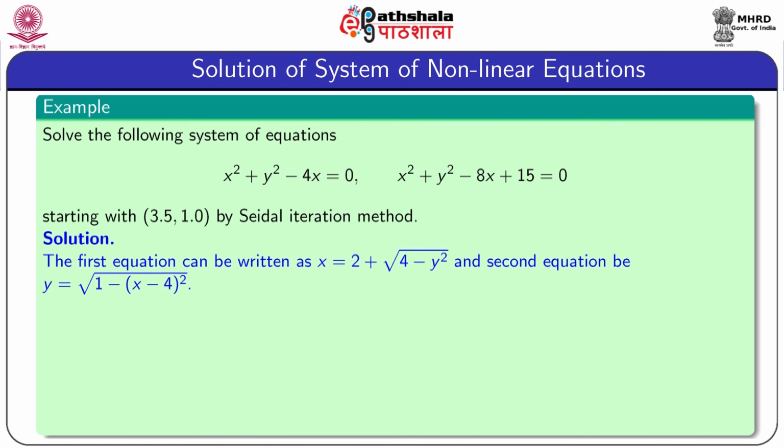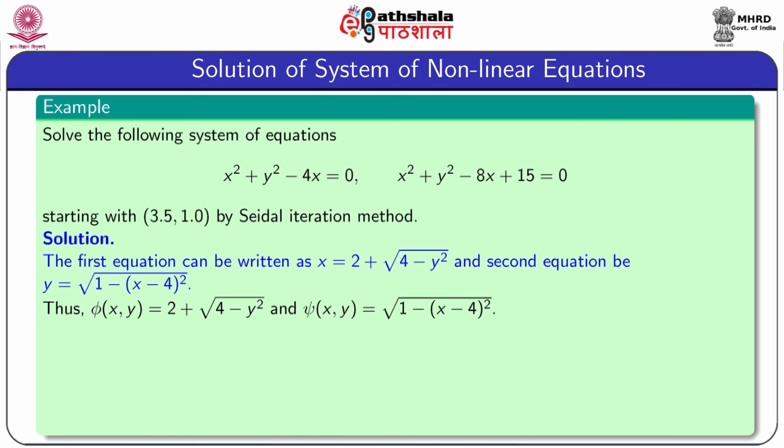The first equation can be written as x equal to 2 plus root over 4 minus y square, and the second equation is y equal to root over 1 minus (x minus 4) whole square. Therefore, phi(x, y) equal to 2 plus root over 4 minus y square and psi(x, y) is equal to root over 1 minus (x minus 4) power 2.